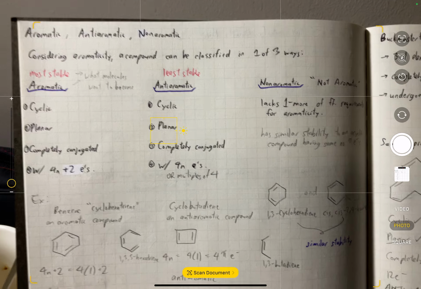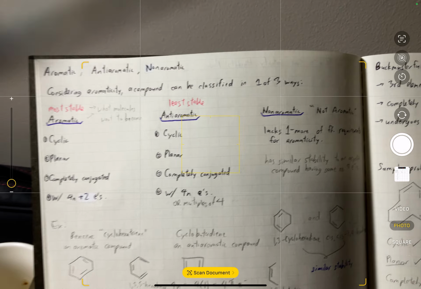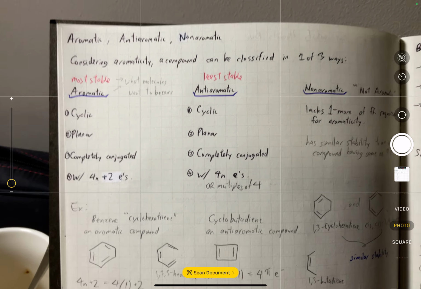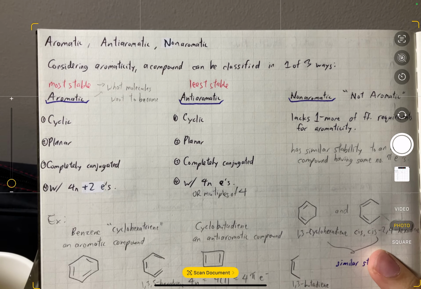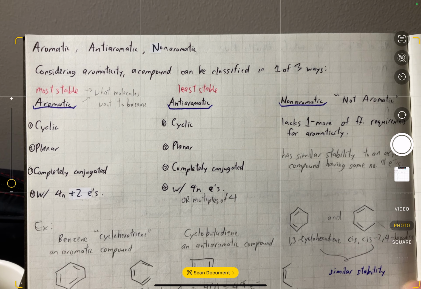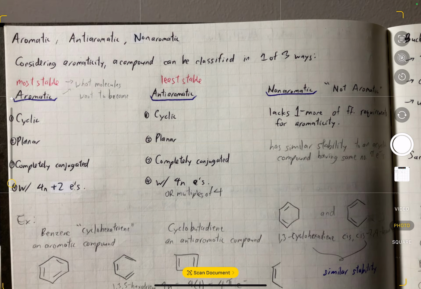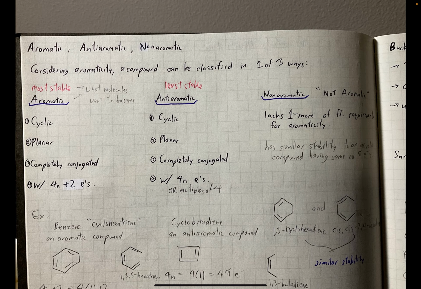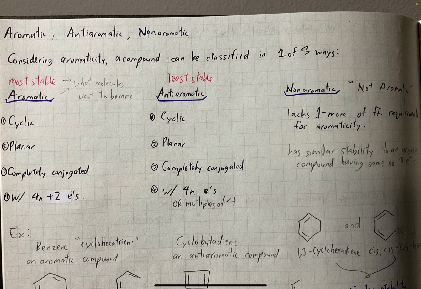It's a little blurry. So that's the summary of everything. Aromatic, let me just picture it. For aromatic, it is the most stable. That's been mentioned earlier. Benzene, an example, is very stable, no?